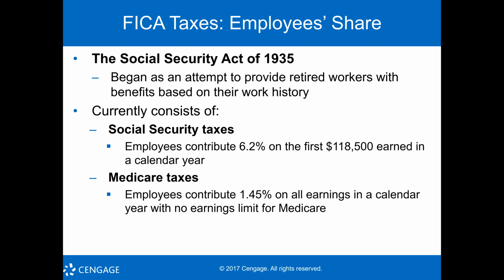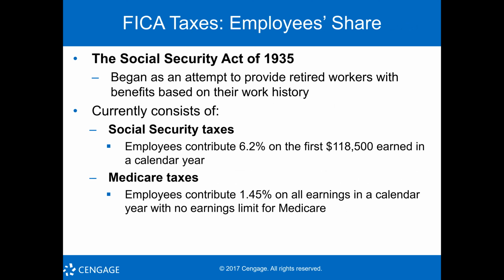Okay, FICA taxes. So FICA, just like it shows here, is Social Security and Medicare. The Social Security Act of 1935 began as an attempt to provide retired workers with benefits based on their work history. So the more you make throughout your working life, the more you earn in Social Security when you retire, is the idea behind it.